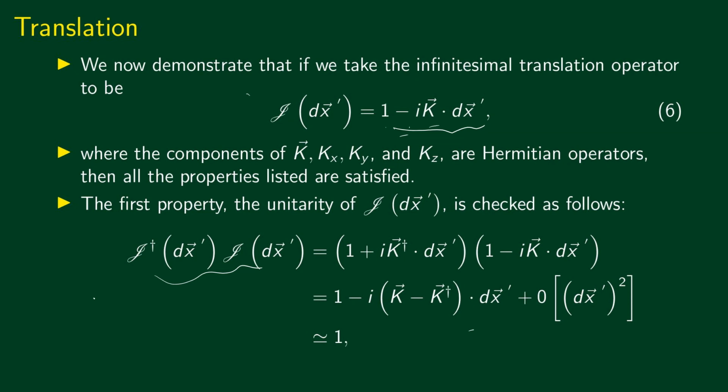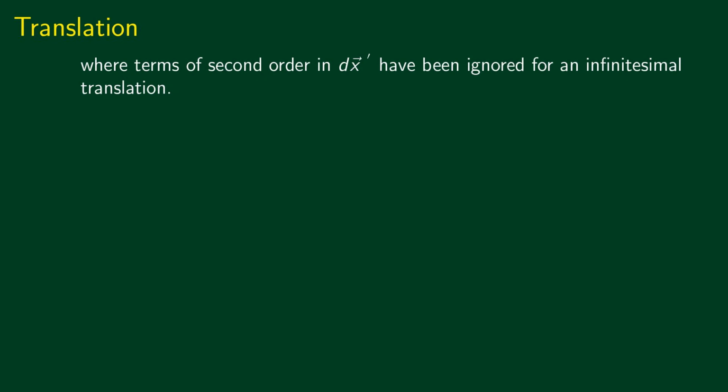So we can write the unitary operator, an infinitesimal unitary transformation, in this form, provided this k vector are Hermitian operators, or the components of k vector are Hermitian. So if k vector is equal to k dagger, we get this equal to 1. So we see that the first property is clearly satisfied. The unitarity of j of dx vector prime is satisfied, where the terms of second order in dx vector prime have been ignored for an infinitesimal translation.